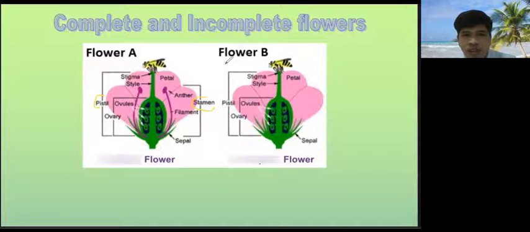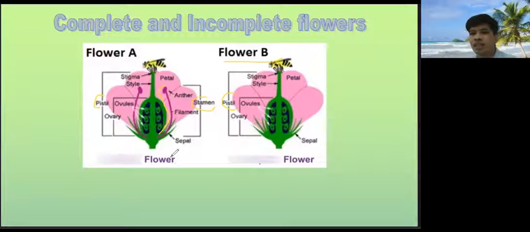But for flower B, it only has the female part, only the pistil. There's no stamen here. If it has this one, the purple one, the stamen, therefore it's a complete flower.